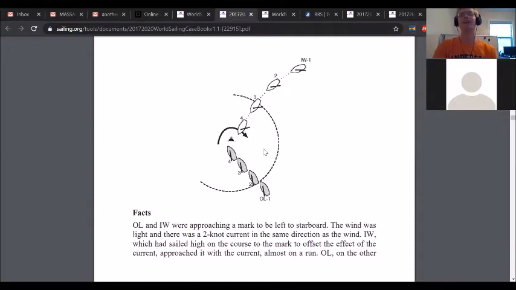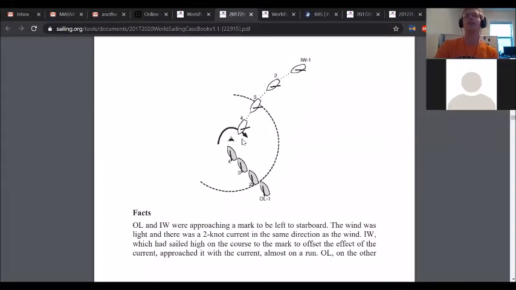But now that we understand exactly how we define overlap, we find that instead of looking for boats to cross the line, we look for, are they clear head and clear stern? And by the definition we just read, we cannot find that either one of them is clear head or clear stern, which means that by default they are overlapped.